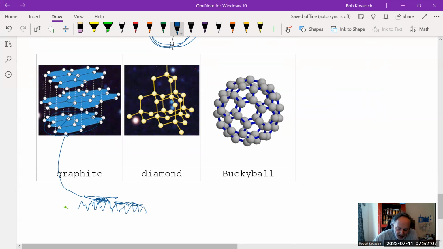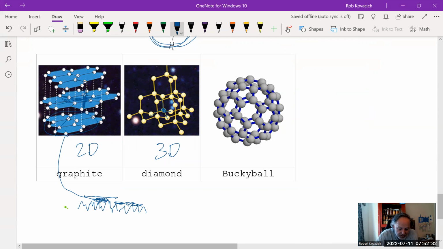Okay. The next one is diamond. I mean, we obviously know diamond's properties, but this carbon atom, let's say this one right here, it's connected to 4 other carbon atoms. That's important because connected to 4 other things means that this structure is 3-dimensional. This structure here was only 2-dimensional. And across the 2D laterally, this is a very strong structure.